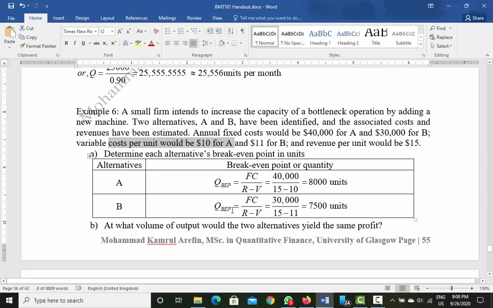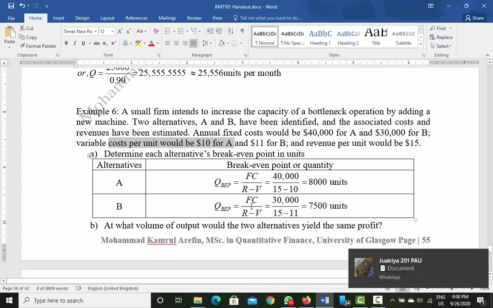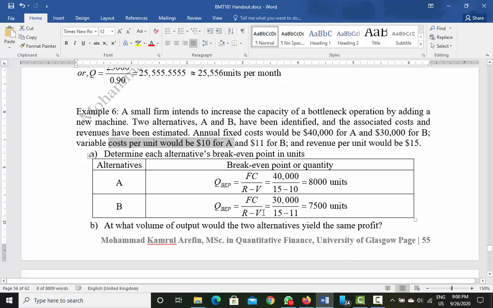Similarly, we can find out the break-even quantity for alternative B. The formula is the same.